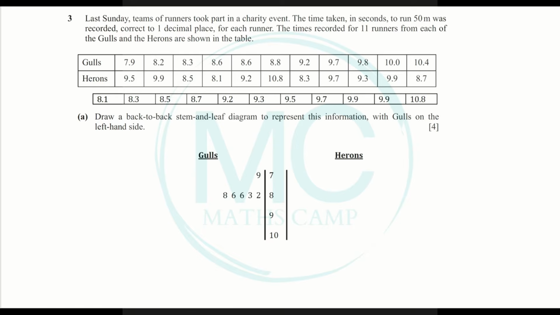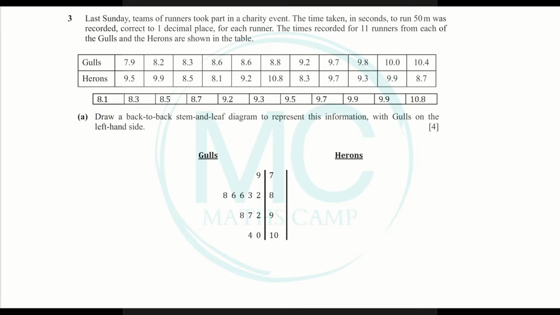Then we have 9.2, 9.7, 9.8. For 10.0, we put a 0 into the leaf. Then we have 10.4.